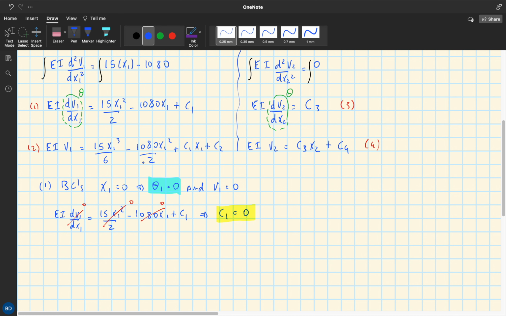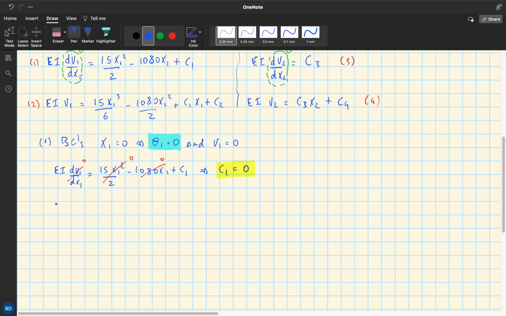Now we are going to use the second equation, but this one uses the displacement equal to 0, meaning this term here goes to 0. So we have EI V1 is equal to 15 x1 cubed over 6 minus 1080 x1 squared over 2 plus c1, but c1 is 0, so we don't put it, and then you have plus c2.